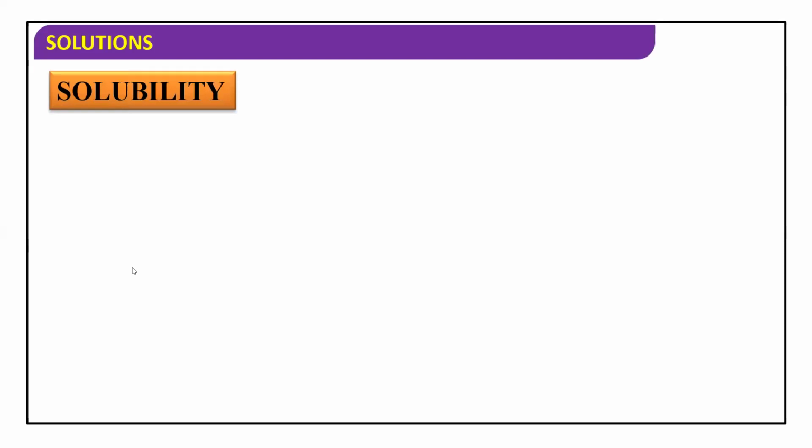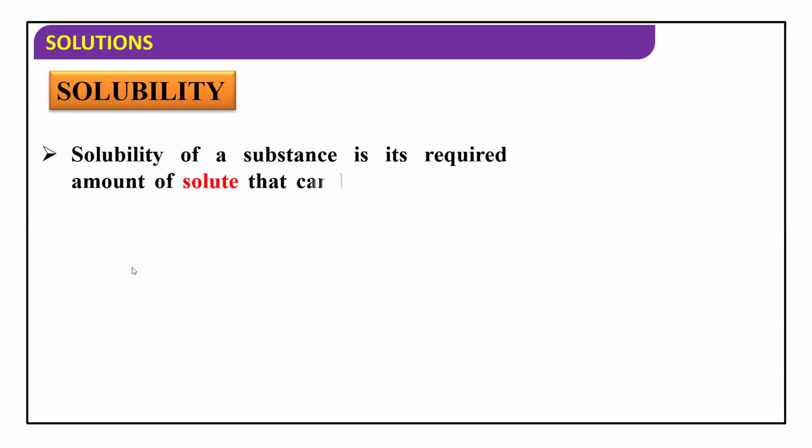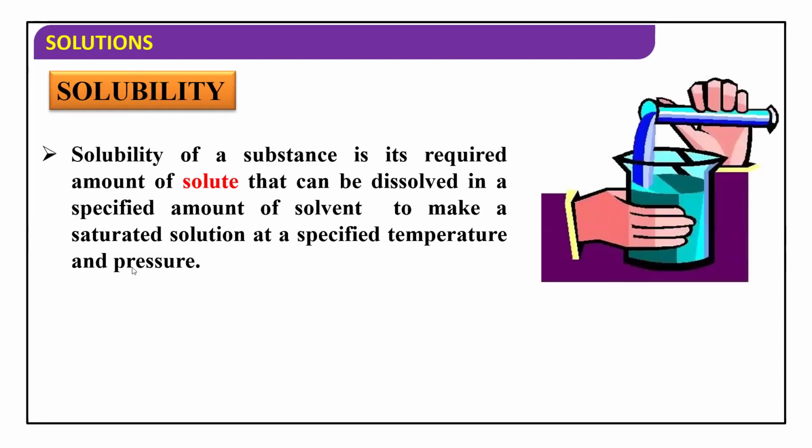What is solubility? Any idea? Do any of you guys have? What is the definition for solubility? Okay. Solubility of a substance is the amount of solute that can be dissolved in a specified amount of solvent to make a saturated solution at a specified temperature and pressure.